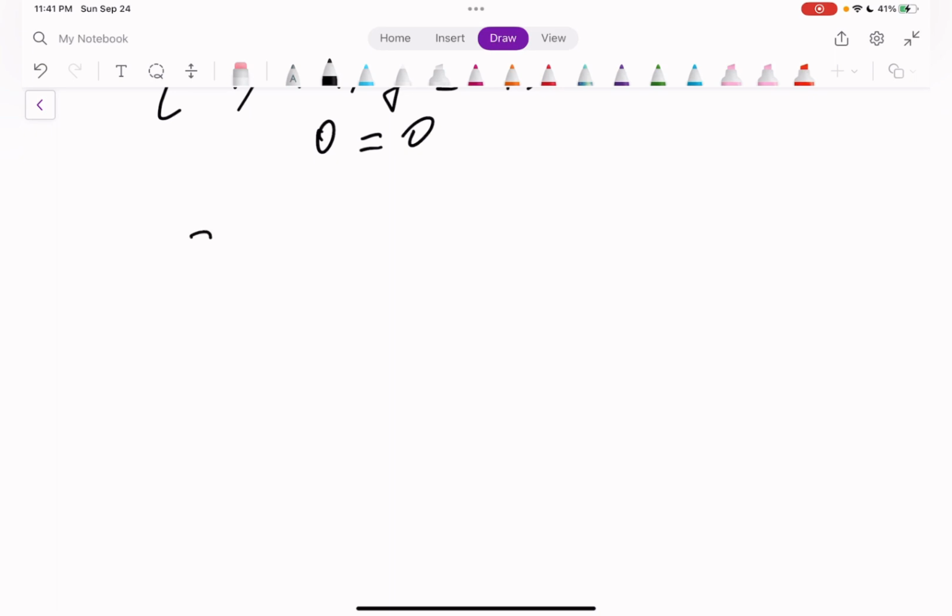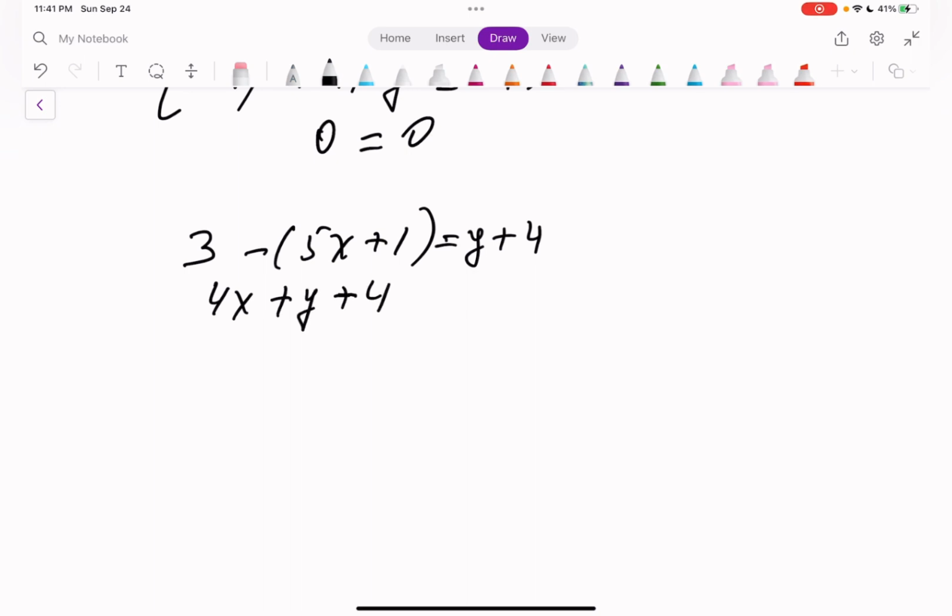We have 3 minus 5x plus 1 equals y plus 4, and 4x plus y plus 4 equals 2 minus x. Okay, let me solve.